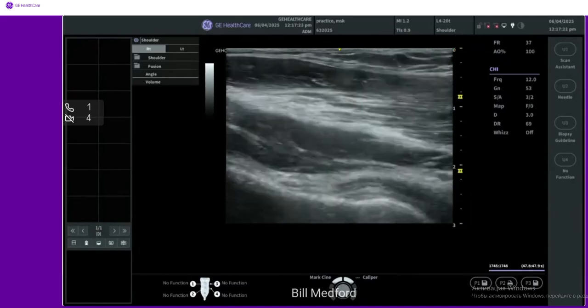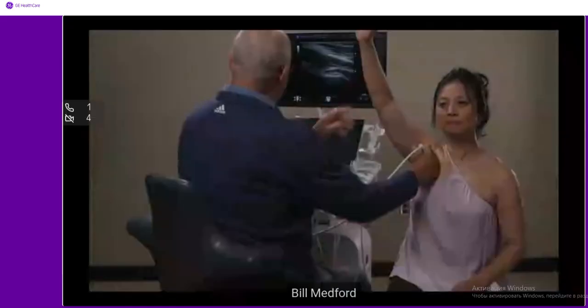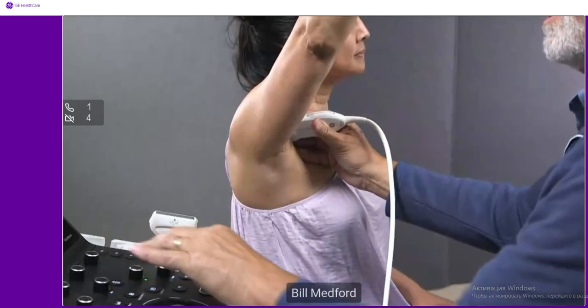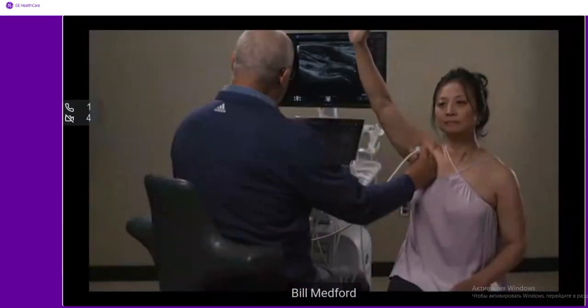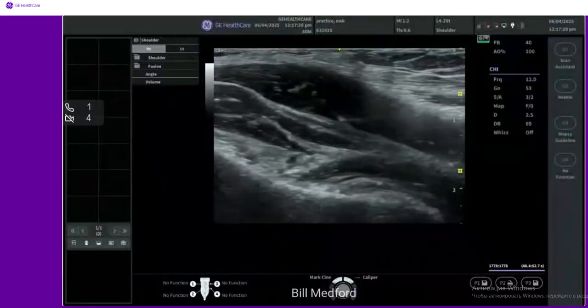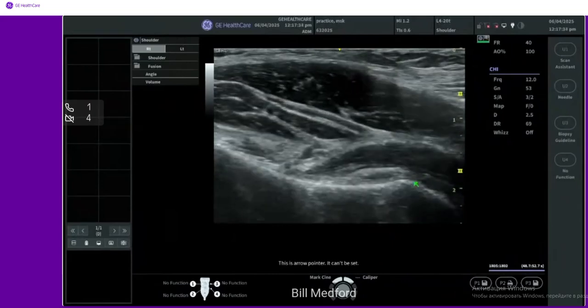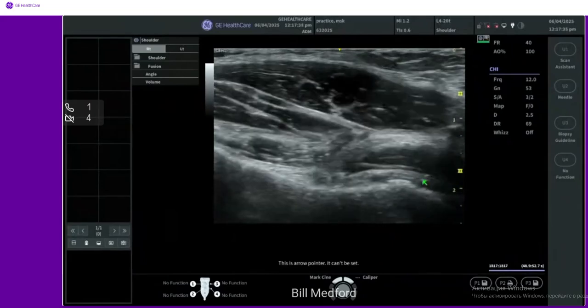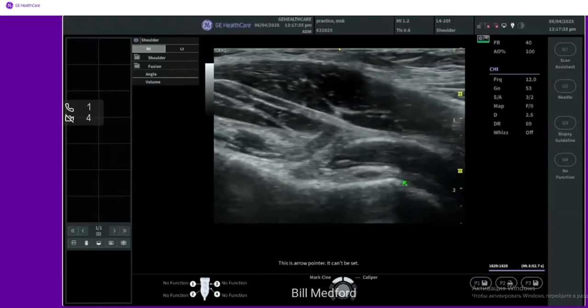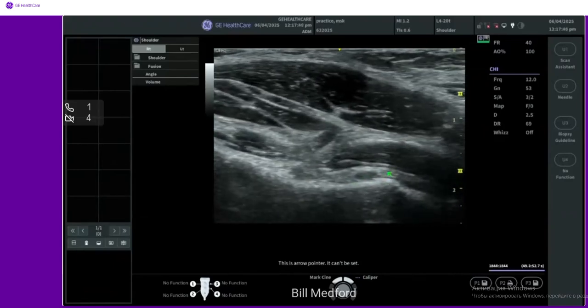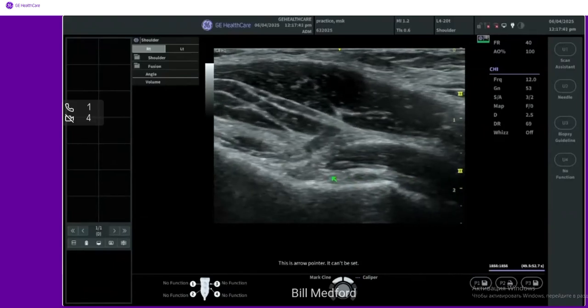And then you can turn the transducer in the long axis plane. You see the humeral head and neck here, and that capsular area is right in here, in this location here.